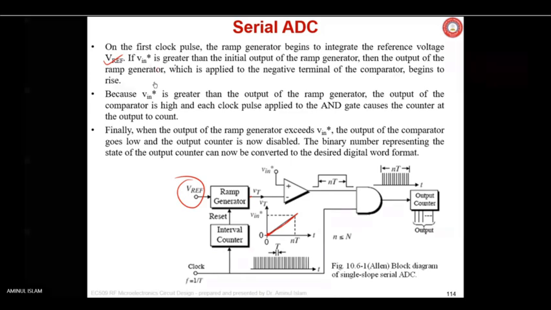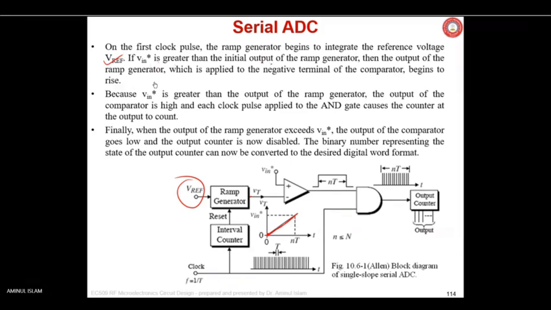So if V star is greater than the initial output of the ramp, then your output of the comparator will be high. Okay, and hence once it is high, then this clock will get path to the counter.